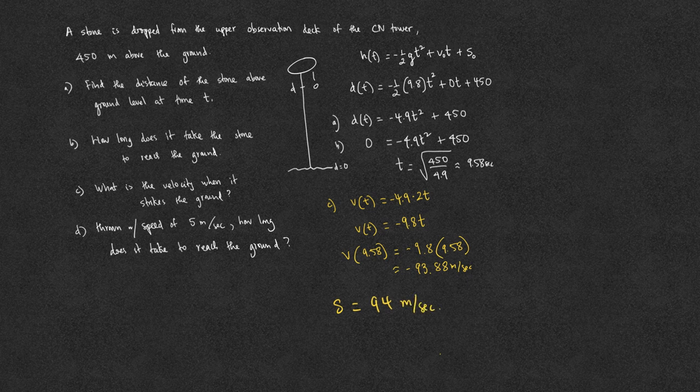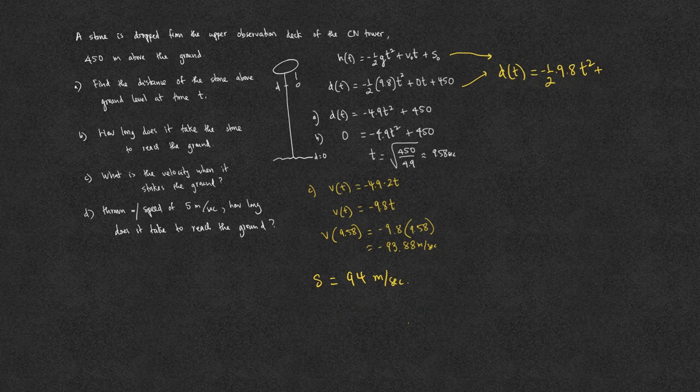If the stone is thrown with a speed of 5 meters per second, this time it is no longer a free fall. It has an initial velocity, so we need to update this equation. d of t is now negative 1/2 times 9.8 t squared plus the initial velocity, which is no longer 0.